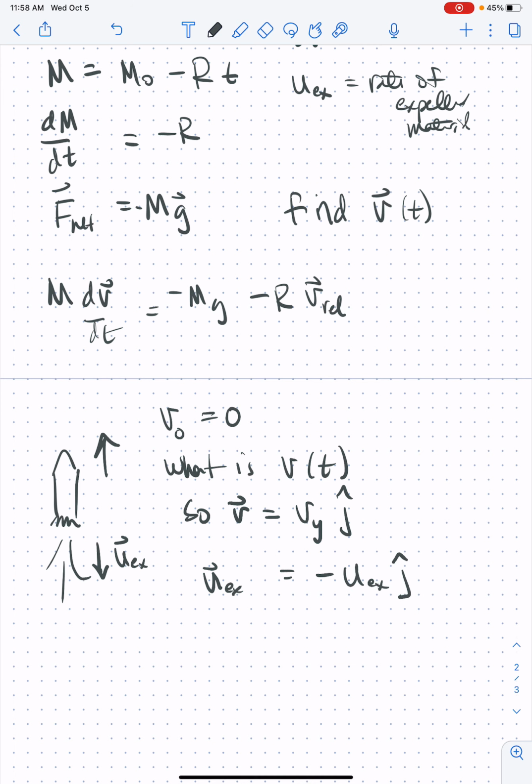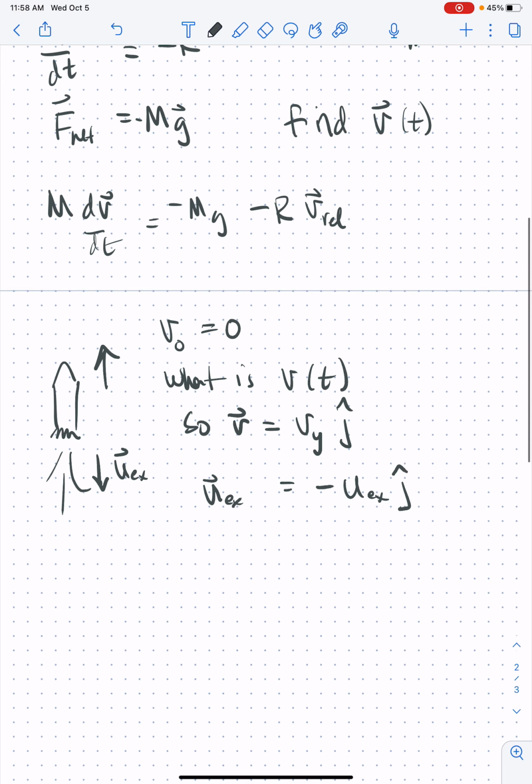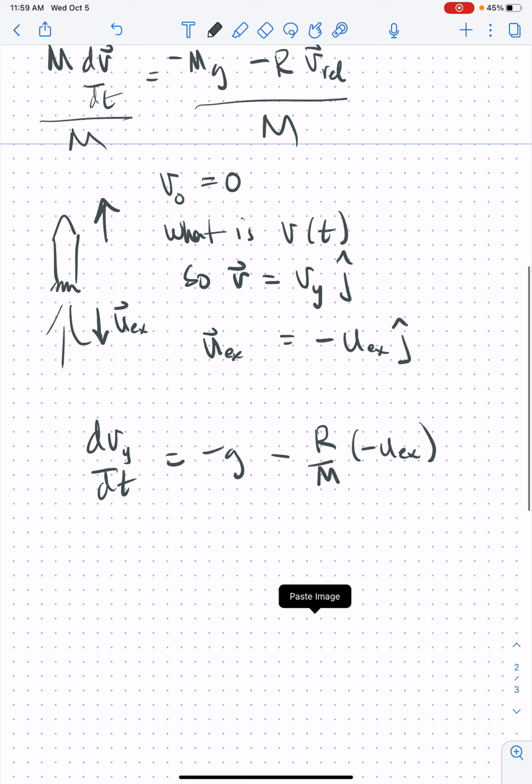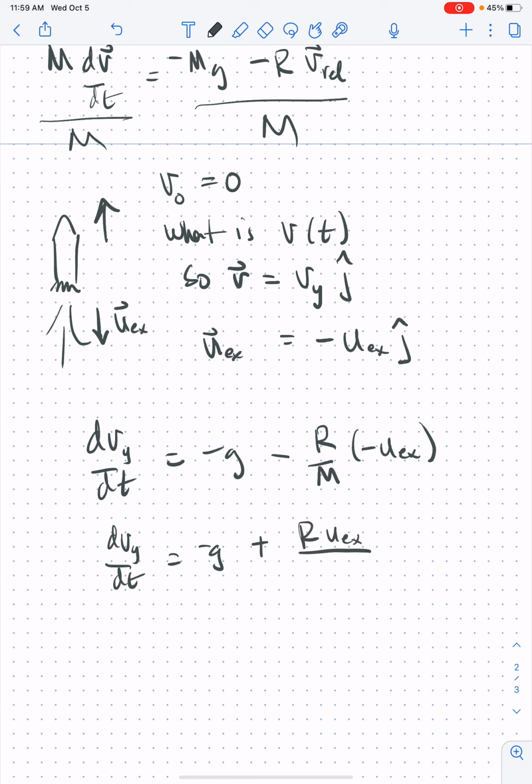So it's also just going straight down. Okay, so I'm going to divide this equation through by m, and I get that dvy/dt is negative g minus r over m times negative u x. Okay, so dvy/dt is negative g plus r ux over m naught minus r t.